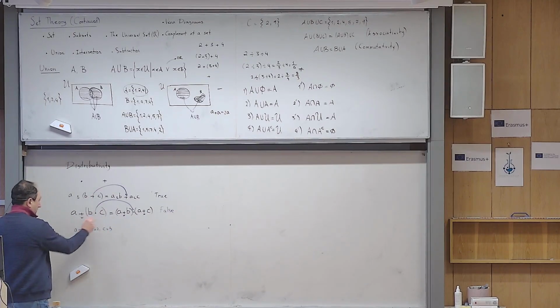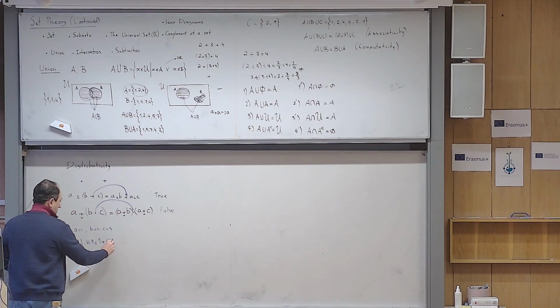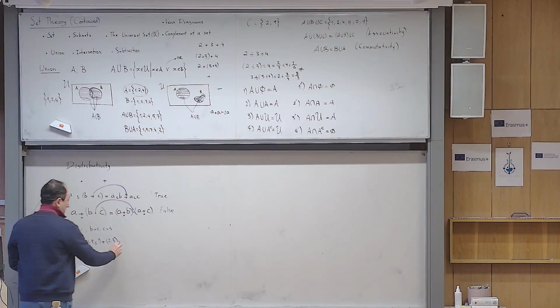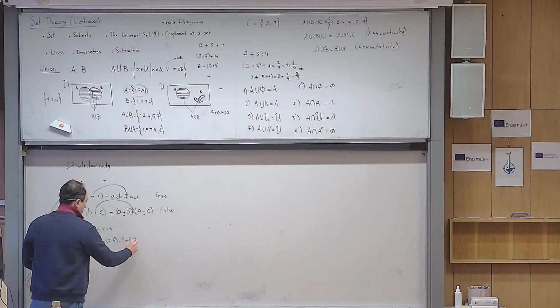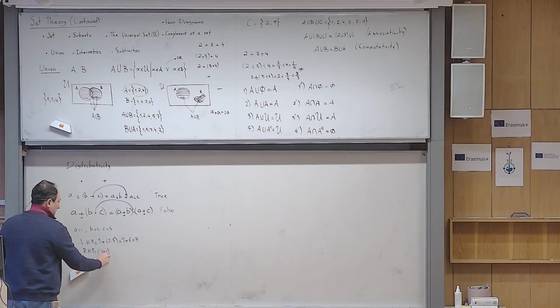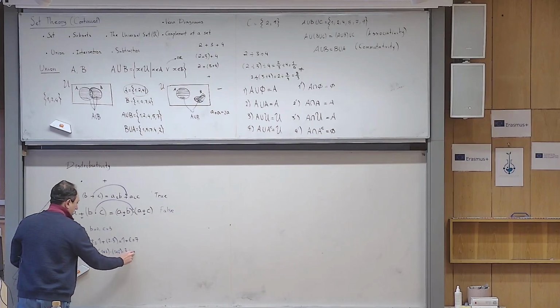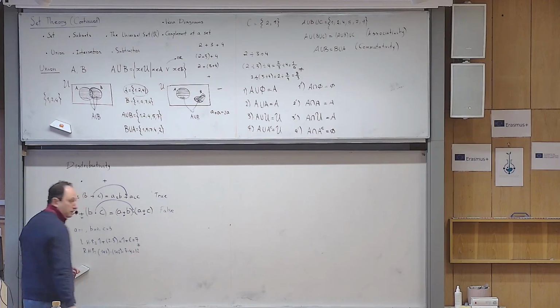And if I calculate the left-hand side for this one, what is the answer? It is 1 plus 2 times 3. But what is the answer to this? It is 1 plus 6, which is 7. But if I calculate the right-hand side, what will happen? It becomes 1 plus 2 times 1 plus 3. So this becomes 3 times 4, which is 12, and you see that they are not equal.